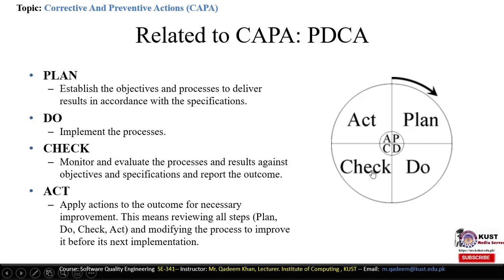It may be possible that the technology we are using for the development of the software systems becomes old and new technology is launched. So the existing technology will be superseded by the new technology. That's why check, act, plan and do should be performed again and again.